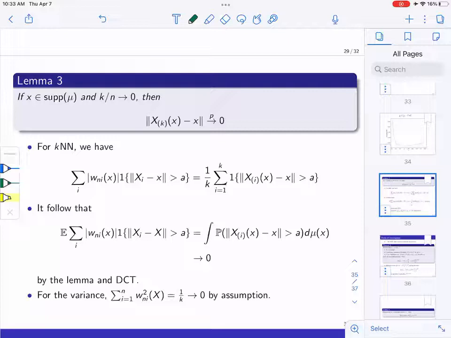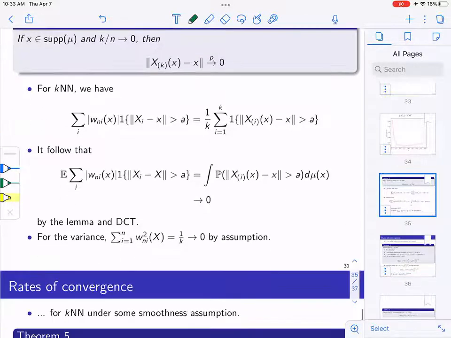Basically, n goes to infinity, but you look at the first k, and this k is not growing as fast as n. Can you imagine what the situation is? Then the kth nearest neighbor is going to get closer and closer to x in probability.